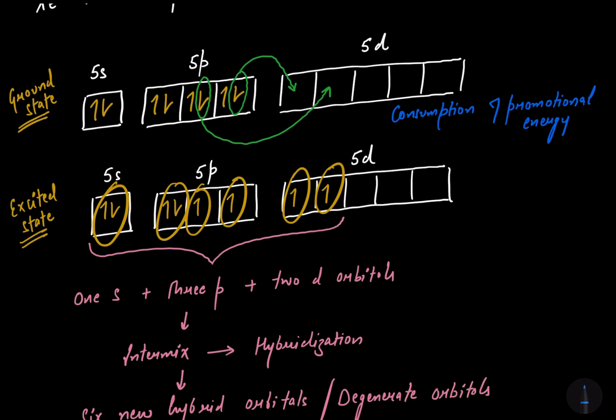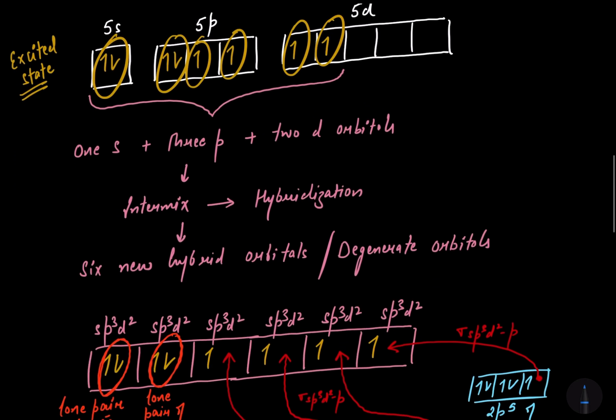Another type of endothermic process here is intermixing of atomic orbitals. The intermixing of atomic orbitals requires energy. So at this point, there is consumption of hybridization energy, as mixing of atomic orbitals is called hybridization.